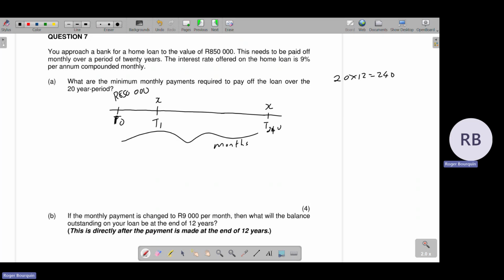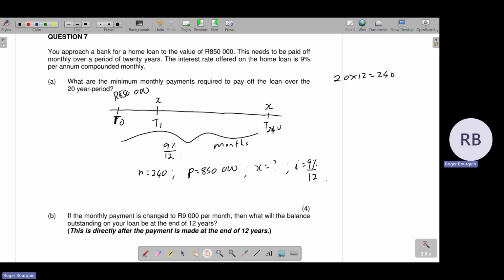And they tell us it's 9% per annum compounded monthly. So we know N is equal to 240. P is equal to 850,000. X is what we're looking for. And I is equal to 9% over 12. You happy with that?